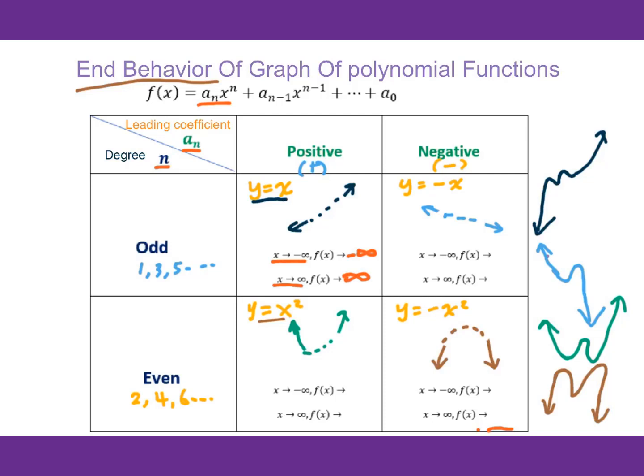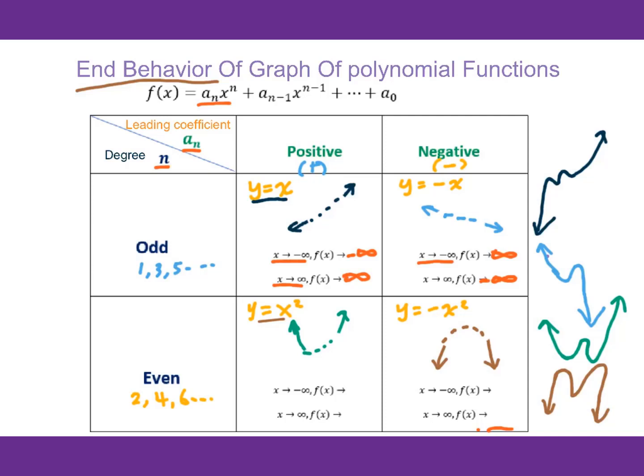For this one, when x goes to negative infinity, f of x is going up, so positive infinity. When x goes to positive infinity, f of x goes to negative infinity, because the graph is going down.